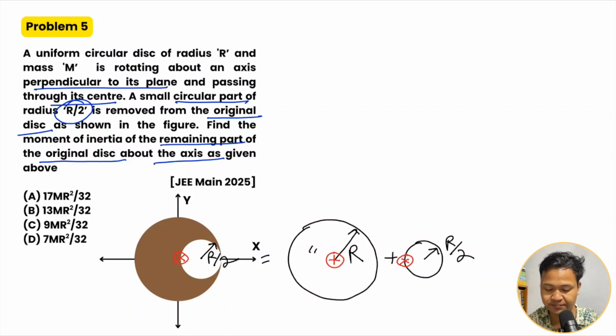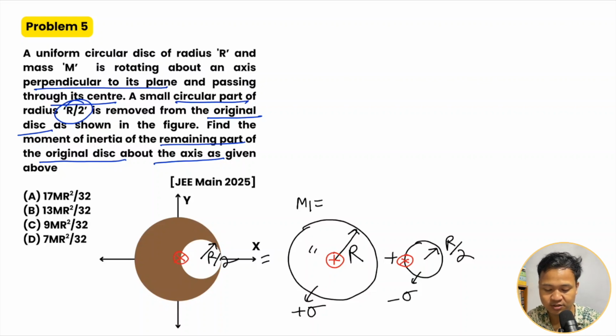Okay, here we use negative mass, m1 and m2. Suppose let's say the first one is m1, with plus sigma. The removed mass is negative, minus sigma. Sigma is the mass per unit area.